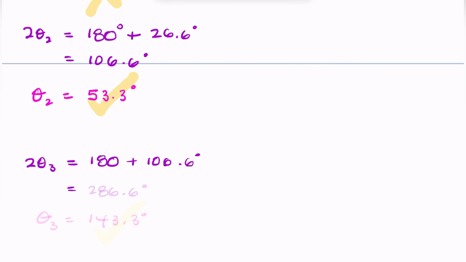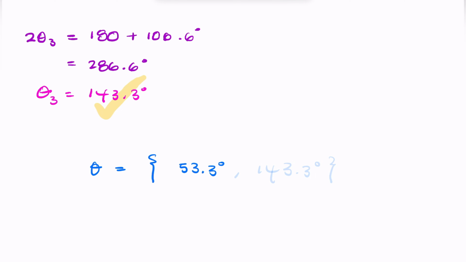So that's going to give you 386.6. And then we can divide that by 2 to find theta 3. It's 193.3. And that is acceptable within our range. So we can say the final answer is theta equals 103.3 degrees.